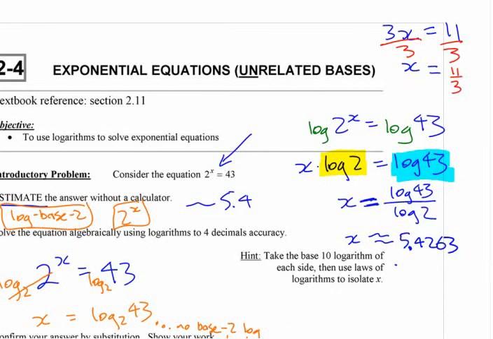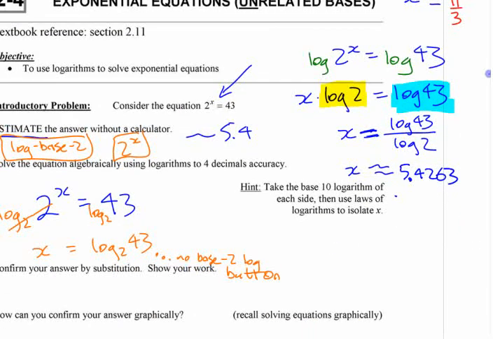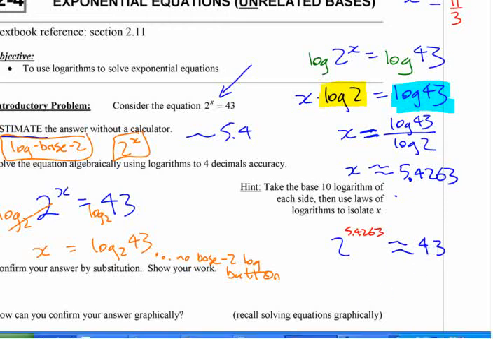You can check your answer. Confirm your answer by substitution. Put the number in and see. 2 to the power of 5.4263 should be roughly equal to 43. So try that on your calculator. You can always check your answers to these.